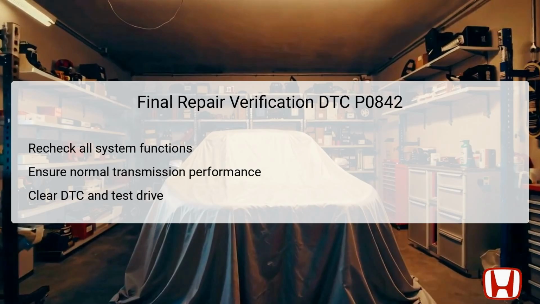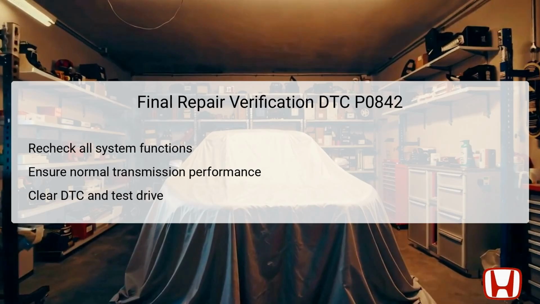Once reaffirmed, utilizing the HDS again to clear the Diagnostic Trouble Code, DTC, is vital. Following this, a test drive is imperative to monitor any pending issues while making sure there are no further reoccurrences of DTC P0842. This step ultimately ensures comprehensive validation of the repair, lending confidence that the problem has been effectively resolved.